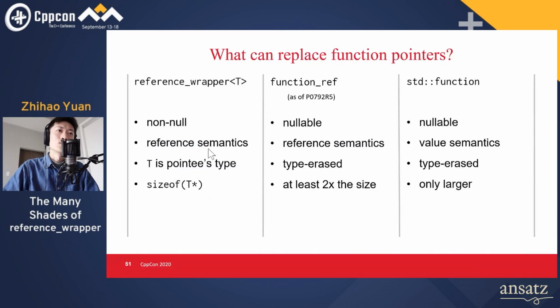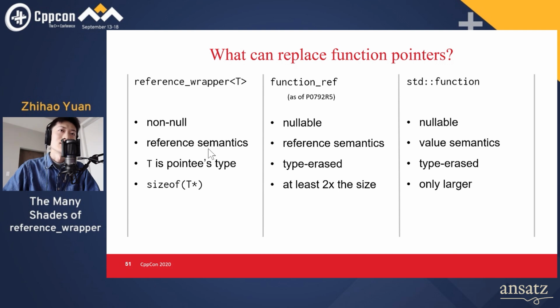So to summarize what can replace function pointers, today we learned reference wrapper, that is non-null. function_ref is nullable as of today, although I don't know why. std::function is nullable. Reference wrapper has reference semantics, so does function_ref. std::function has value semantics.